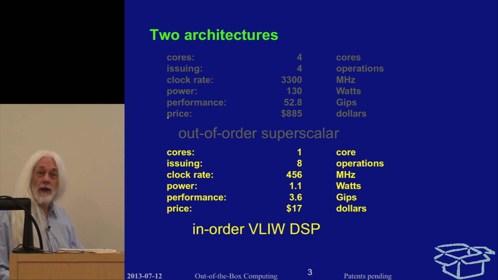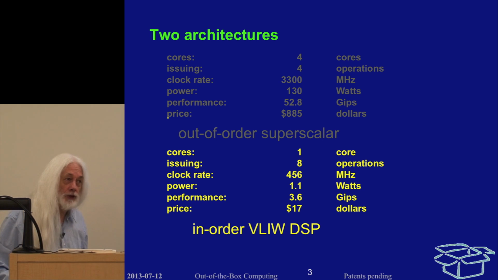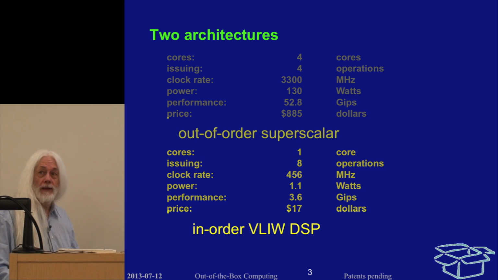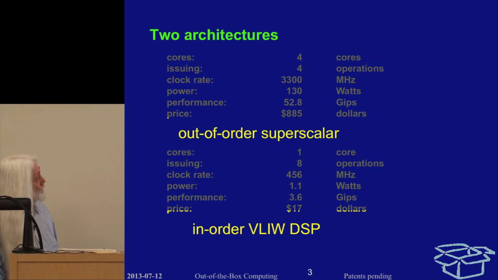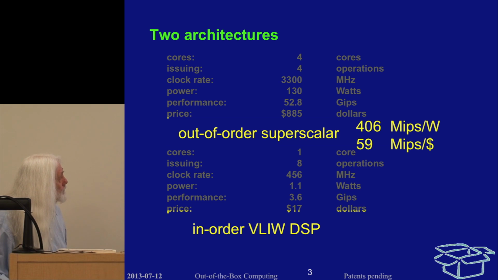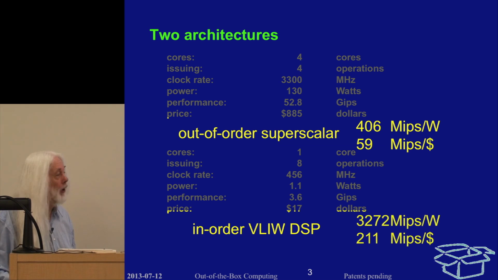This is an in-order VLIW used for DSP work. Now, to compare these two, the out-of-order is giving you 406 MIPS per watt and 59 MIPS per dollar purchase cost, whereas the in-order is doing a little differently.